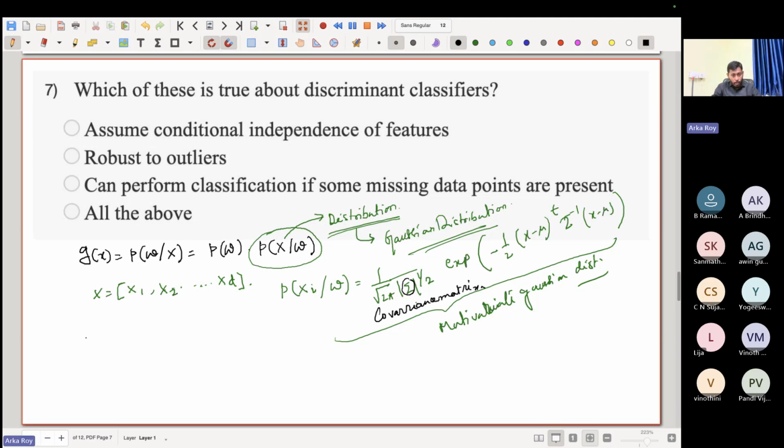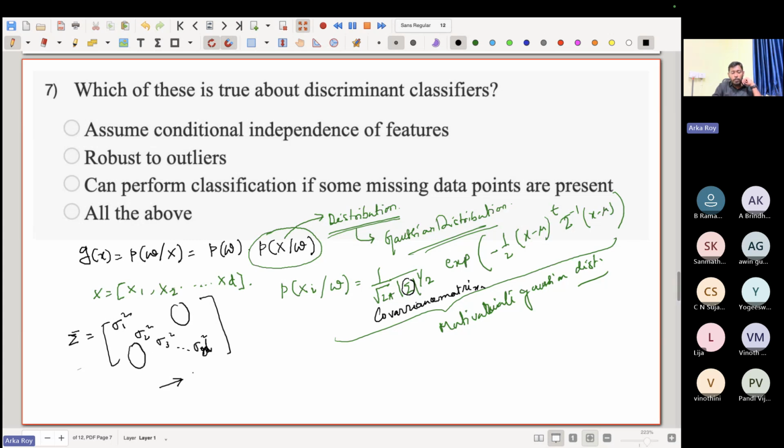We saw this in the discriminant functions class, in week 3, where sigma had different representations, like sigma 1 square, sigma 2 square, up to sigma d square, as we have d feature values, and all off-diagonal entries are 0.